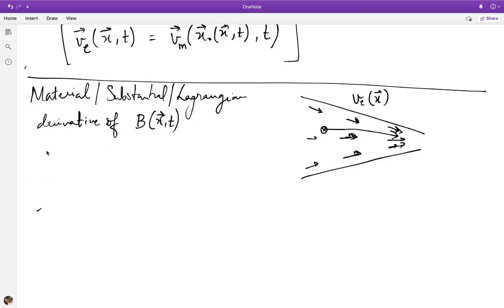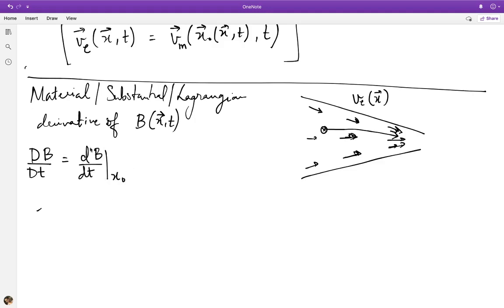Alright, so what we want to calculate is the material derivative of B. This capital D by Dt is nothing but a notation which actually represents the total time derivative of B keeping x naught, the material point, fixed.